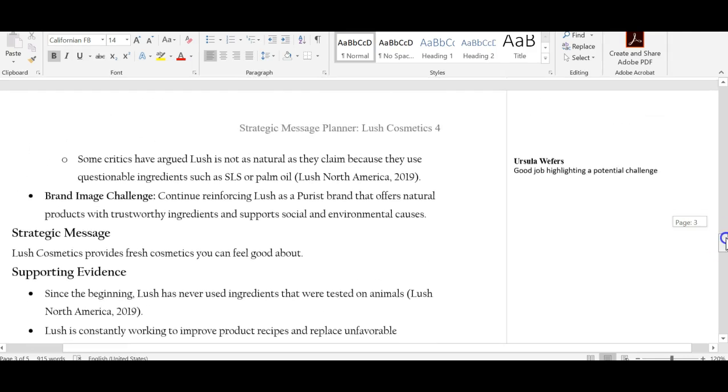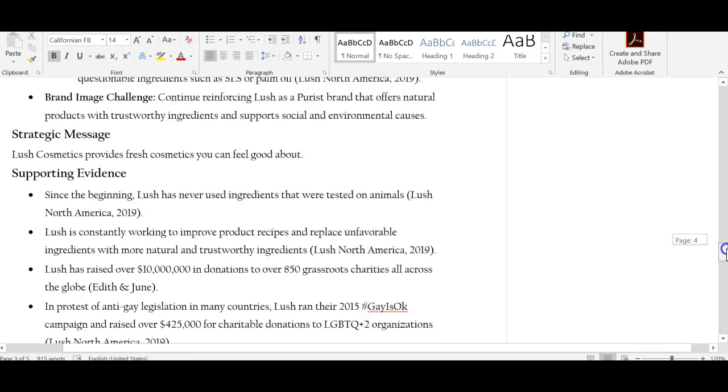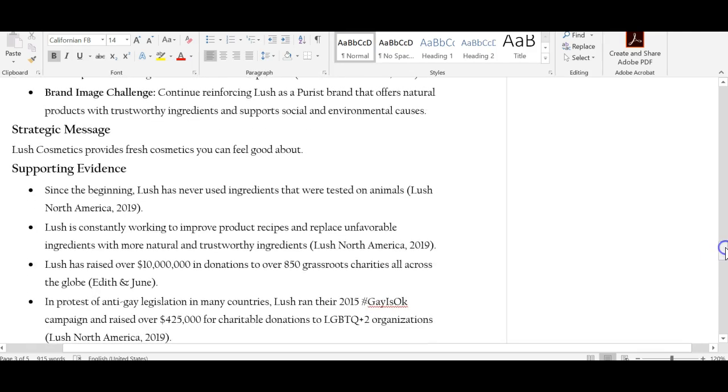And she also addressed some of the challenges that the brand was or is currently facing. Then she went through the strategic message, and she worked very well, not really discussing, but outlining what the brand's value proposition is. This is something that we've been working with at the end of the semester.